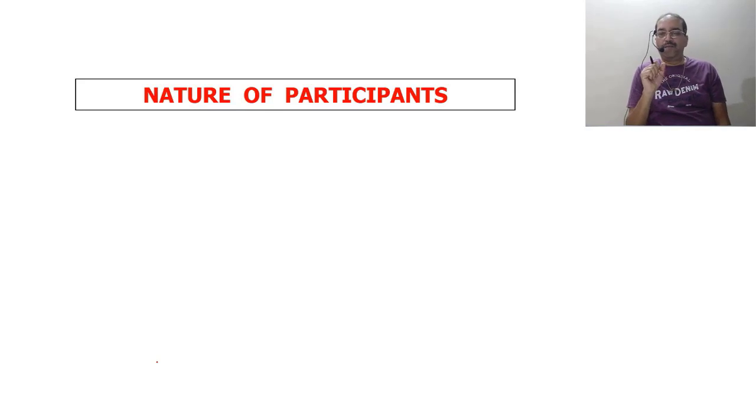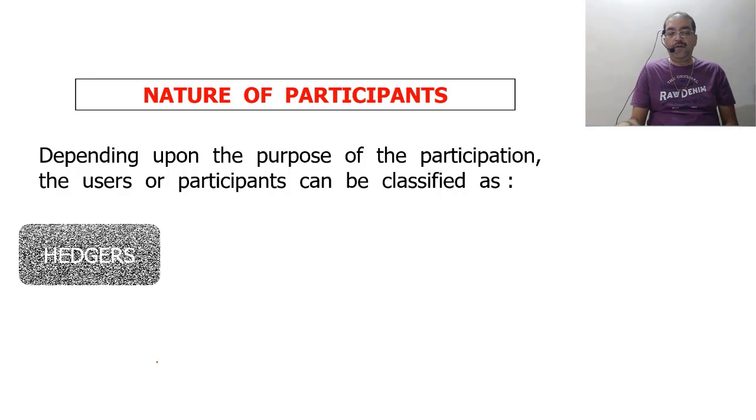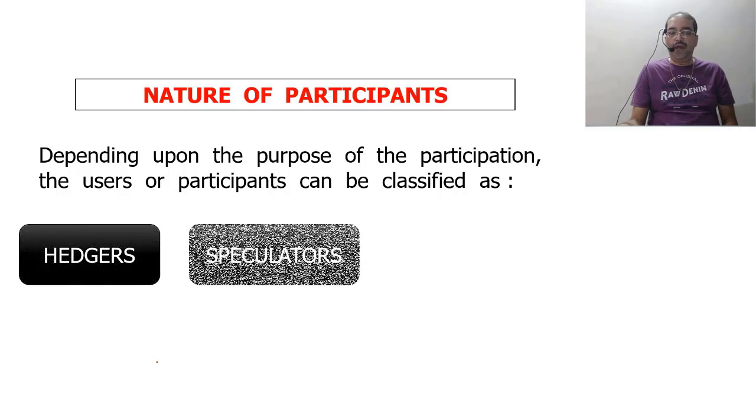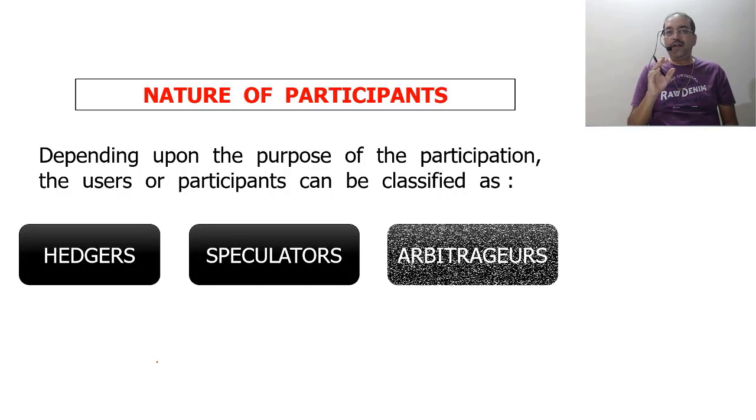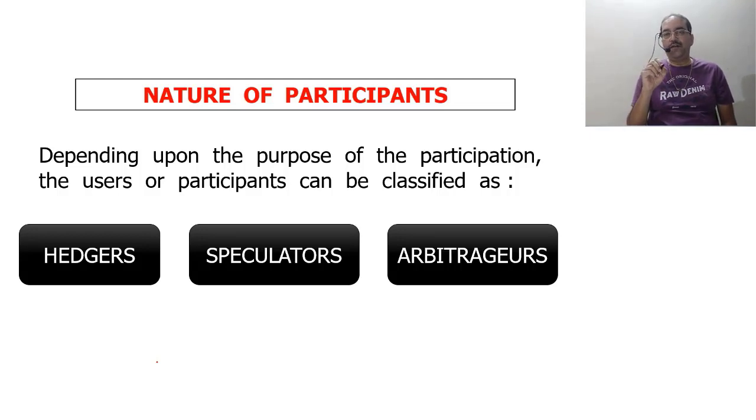On the nature of participants, I can tell you that there are three types or three categories of participants or users. Who are the three categories? We have the hedgers, we have the speculators, and the third category is arbitrageurs. Check the spelling; some people just write it without the U, but the U is there.